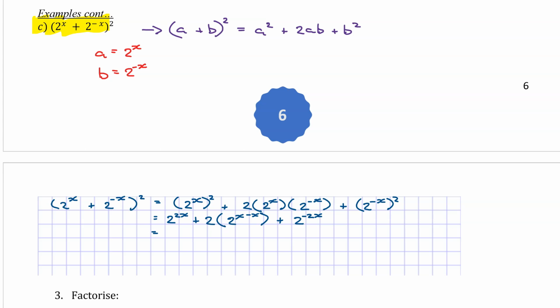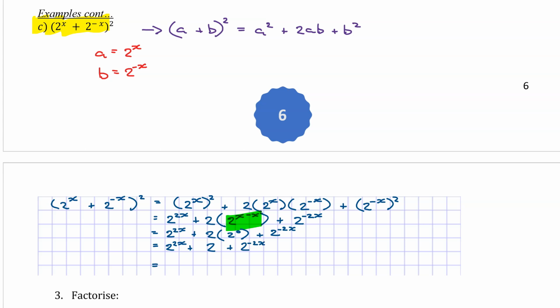Now dealing with this middle term in here, we'll go 2 to the 2x, then plus 2, and then it's going to be 2 to the power of 0, like so, plus 2 to the negative 2x. Onwards, 2 to the 0 is simply 1, so it will be 2, then plus 2 to the negative 2x.